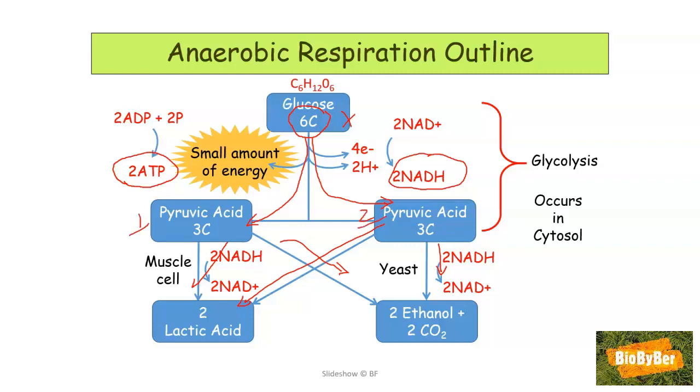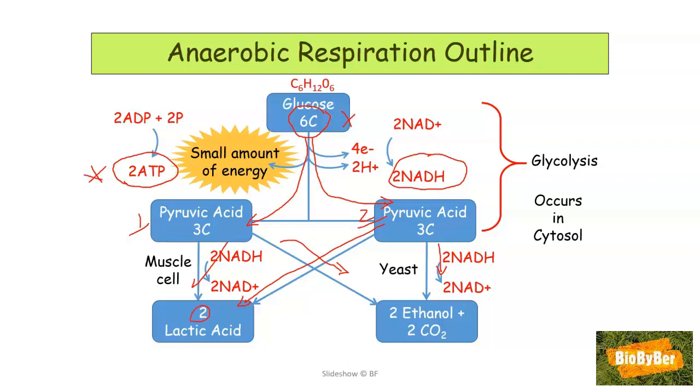And don't forget, of course, all of these chemical reactions take place in the cytosol of the cell. Now, if you were asked, what are the products of anaerobic respiration, then you need to watch out. If it is anaerobic respiration in a muscle cell, then the products are 2 ATPs and 2 lactic acids.